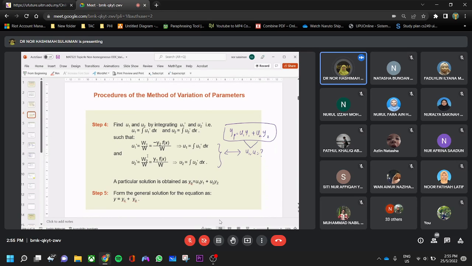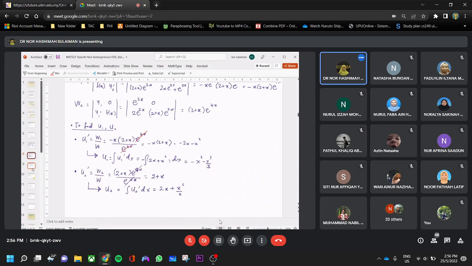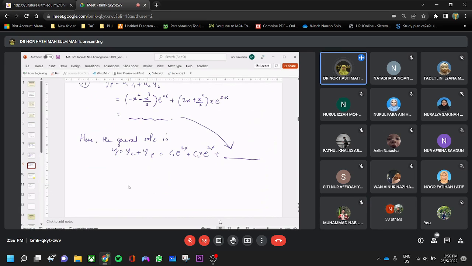So the top Wronskian divided by the main Wronskian. Lepas tu dah dapat YP, masuk dalam bentuk macam ni, and then combine with the YC. Okay, boleh faham? Boleh, simple kan? Simple je. Okay, jangan fikir susah-susah, alright?